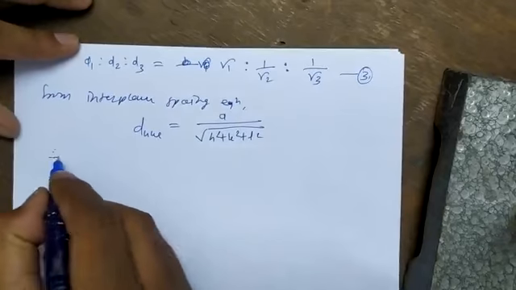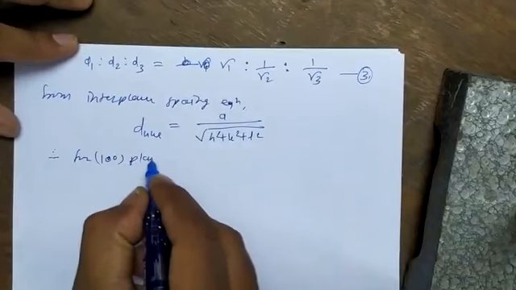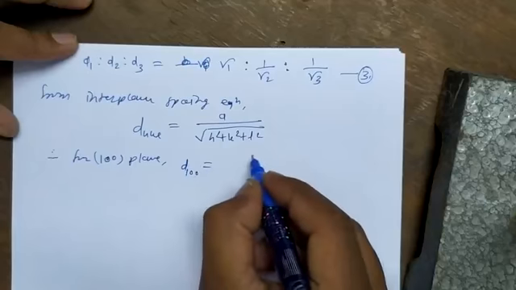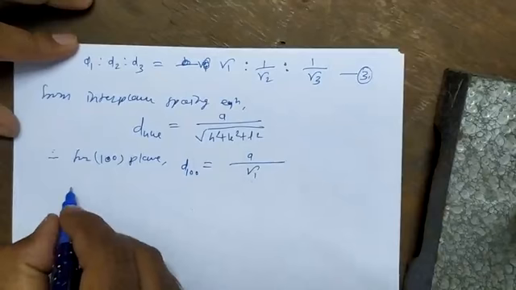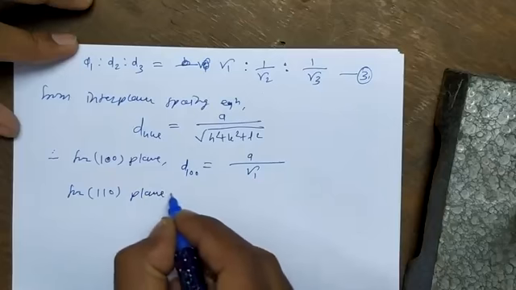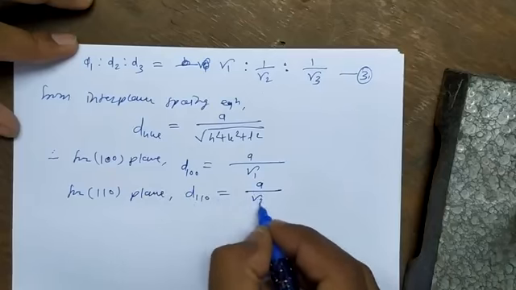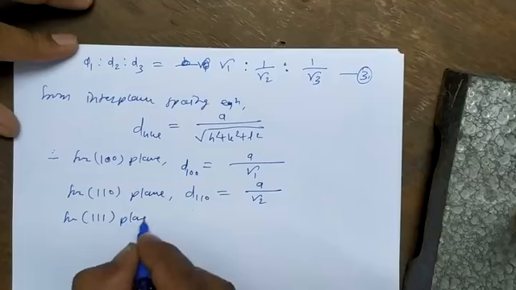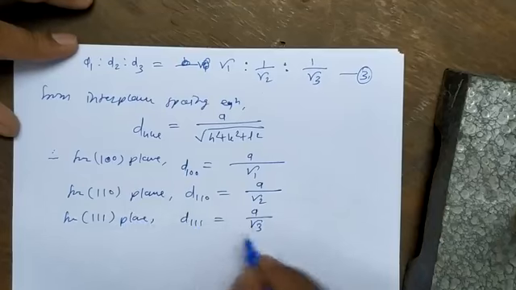Therefore, for the 100 plane, d100 can be expressed as a upon root 1. Similarly, for the 110 plane, d110 is a upon root 2, and for the 111 plane, d111 is a upon root 3.